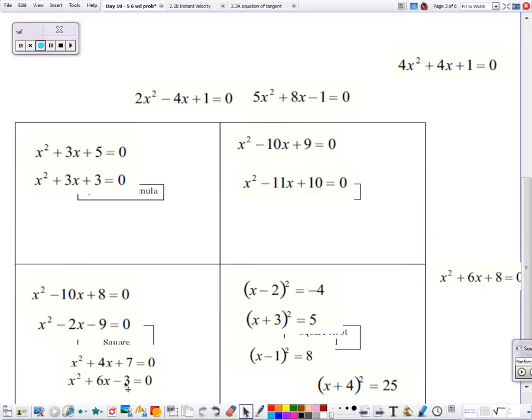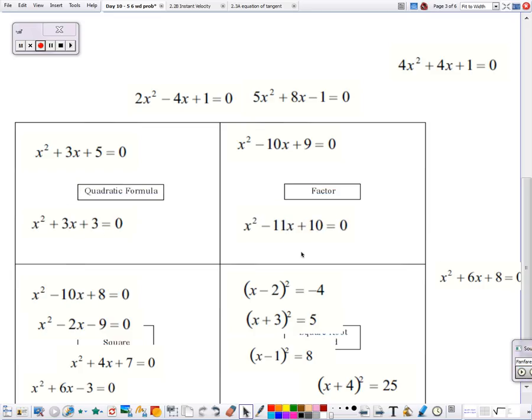Again, this one is complete the square, does not factor. Anything multiplied to 8 that adds to 6? Okay, so I could do 2 and 4, so that factors.